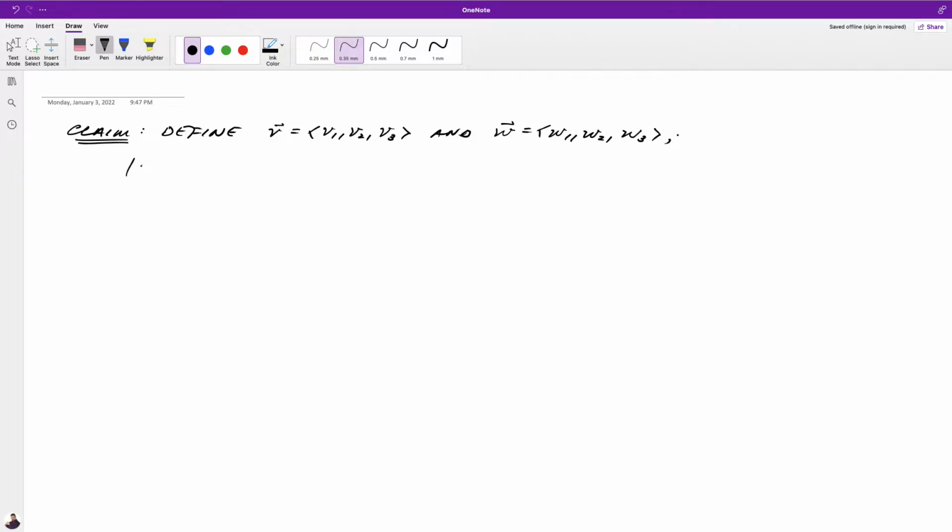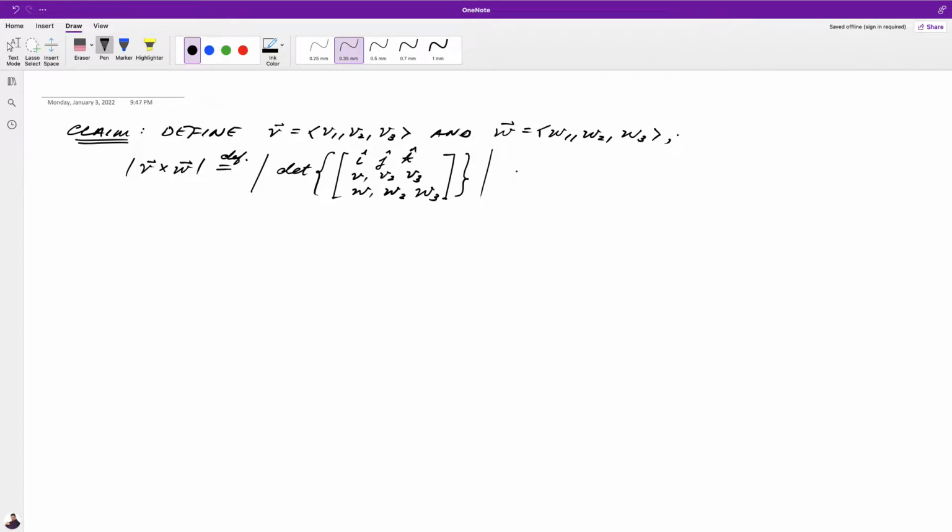that the magnitude of the cross product of V and W is by definition equal to the magnitude of the determinant of the matrix, rather, ijk, v1, v2, v3, w1, w2, w3.